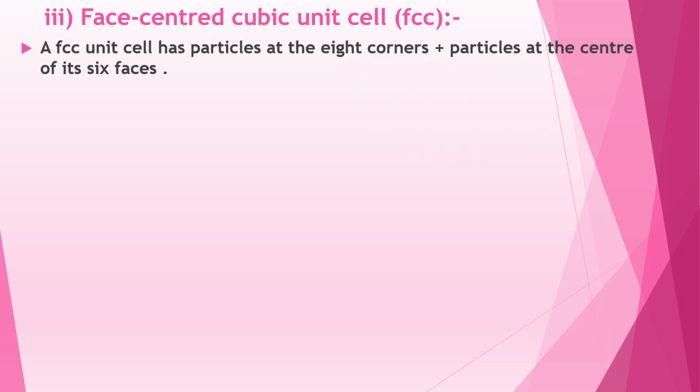Next one, face centered cubic unit cell. How many particles are present in a face centered cubic unit cell? An FCC unit cell has particles at the 8 corners plus particles at the center of its 6 faces.